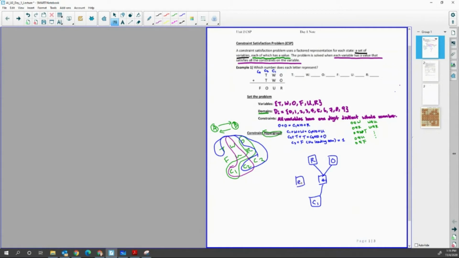So in the second edge, W and U are connected, and C1 and carry 2, C2. Then the third edge, we connect C2, T, and O. Now the fourth edge: this one as a result is C3, so C3 is also connected to edge 3. Edge 4 will have C3 and F.